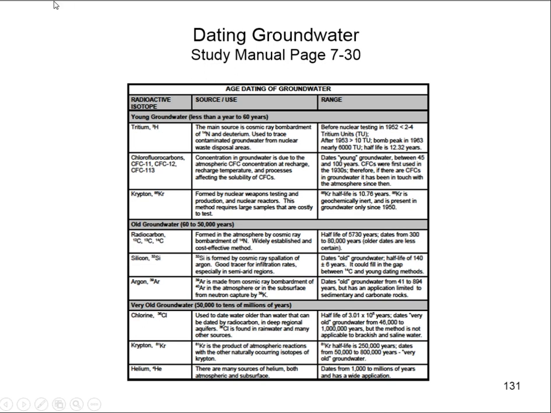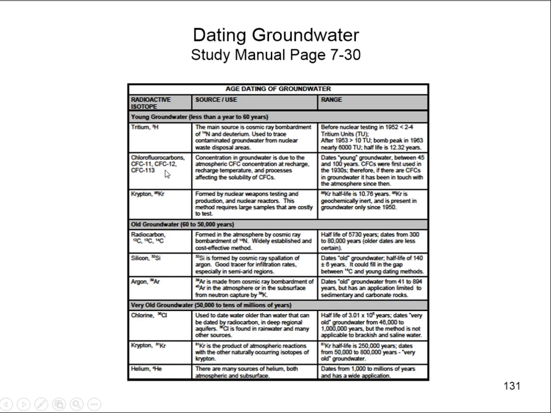Okay, dating groundwater. This is being used more frequently these days, and what we want to get out of this is the age and where that age occurs in our aquifer. We can use different things. If we are using things that measure the young ages, they are things put into the atmosphere at known times in known amounts.